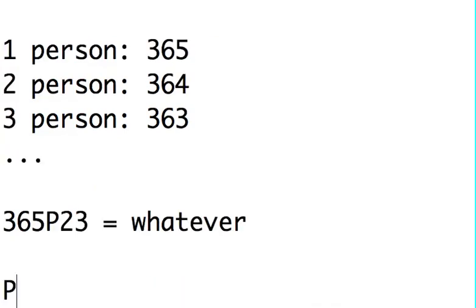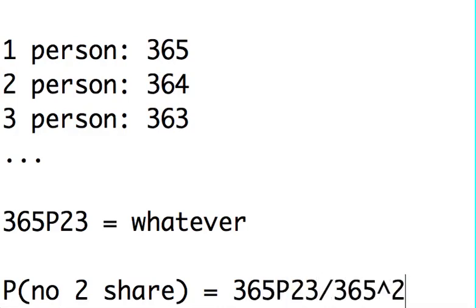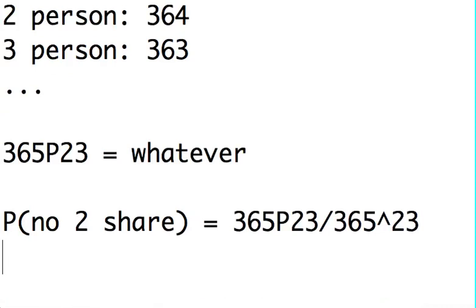So then the probability that no two share is 365P23 divided by 365 to the 23rd, and this happens to be equal to about 0.493.